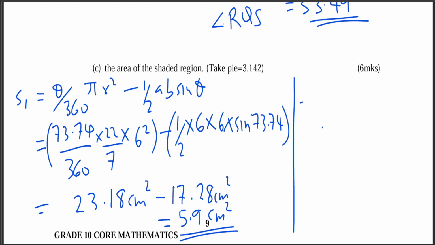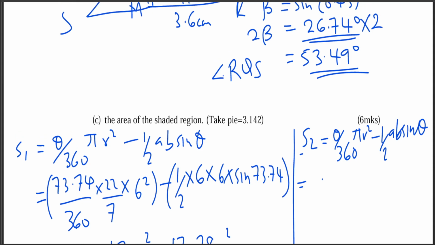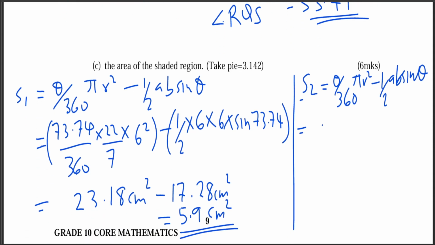For segment 2, you do the same thing using the same formula, hiyo tu, theta over 360 pi r squared minus a half AB sin theta. Sawa. Twende tuanze. Theta over 360, angle yako ya pili ilikuwa ni 53.49. So wacha tuchukue hiyo 53.49 over 360 times 22 over 7 times r squared.